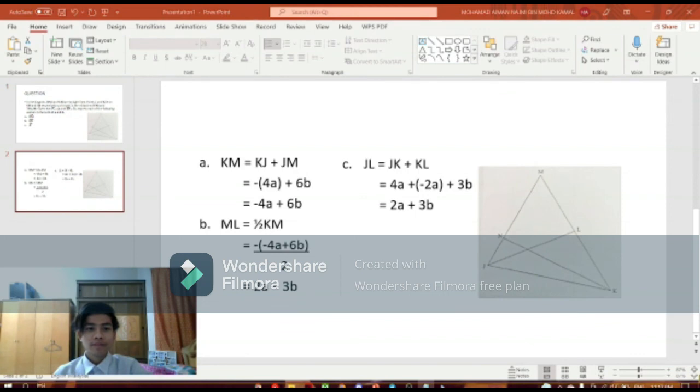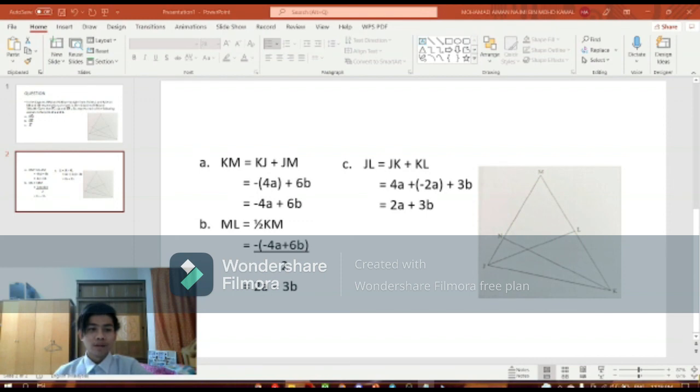Okay, now the first question is KM equals KJ plus JM. So negative 4a plus 6b equals negative 4a plus 6b. Okay, the second question is ML equals half KM.